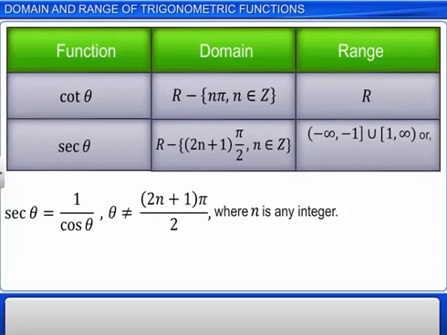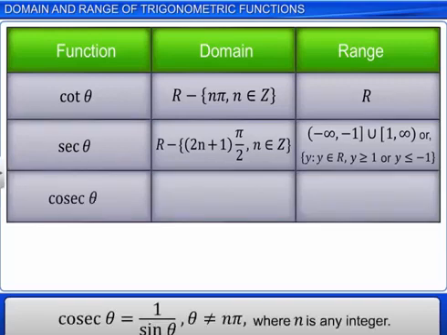Therefore, the range is the union of the closed interval minus infinity to minus 1 and the closed interval 1 to infinity. In other words, the range is the set of all real numbers y such that y is greater than or equal to 1 or less than or equal to minus 1.